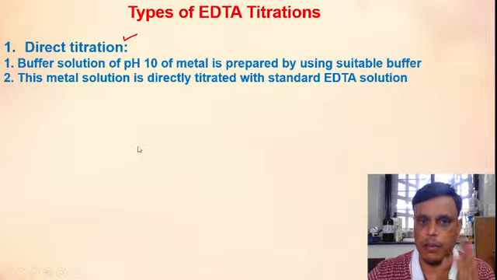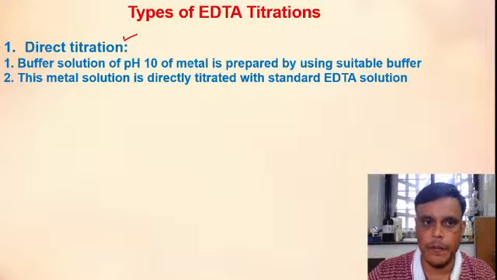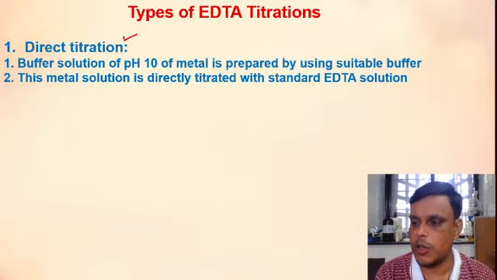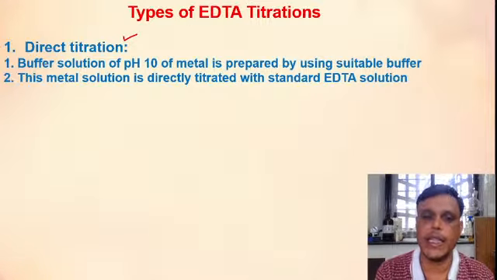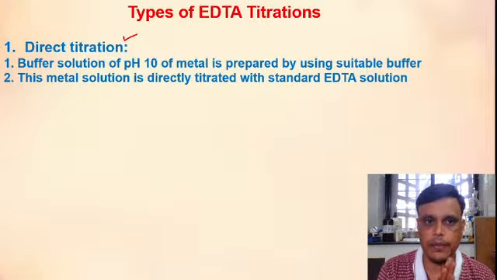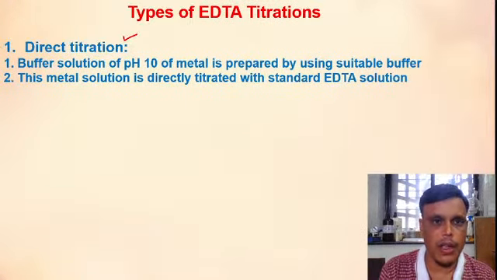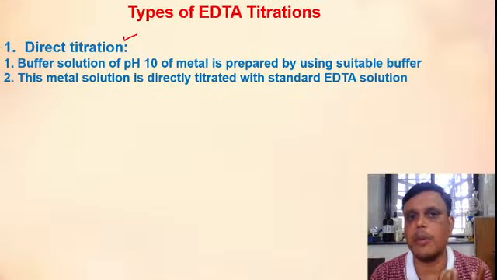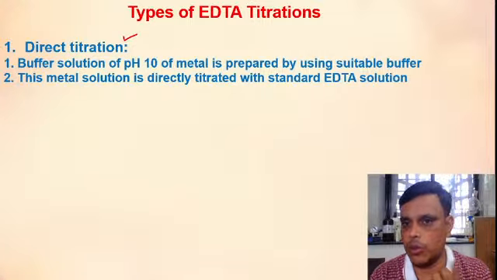pH 10 means which buffer you have to use? Basic buffer we have to use. Yes or no? So use a buffer solution of pH 10, or you can prepare a metal solution having pH 10 by using a suitable buffer.